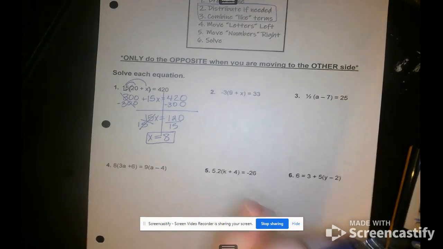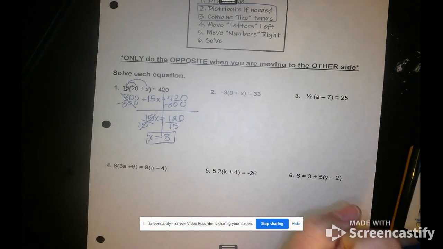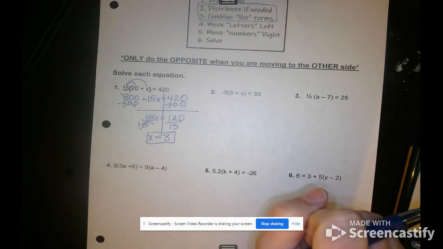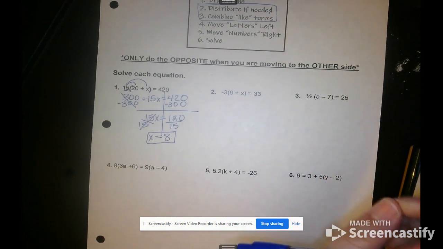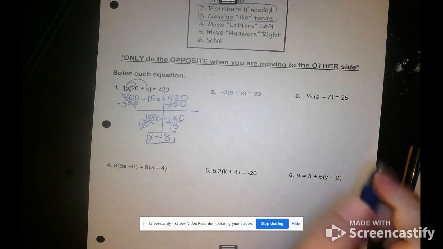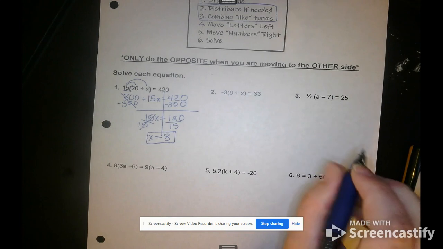Okay, so try number 2 by yourself real quick. Exact same way. So here, turn around. When I tell you to do something on your own, that doesn't mean look around. It means do the work. Guys, you have a calculator. Use it.